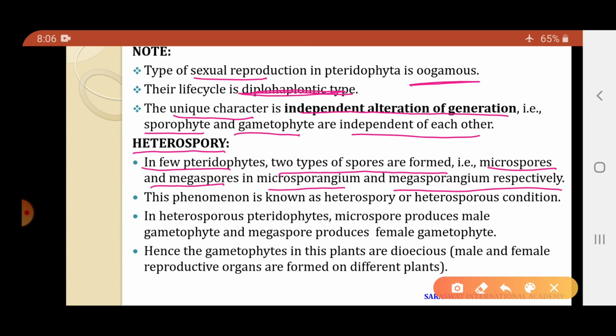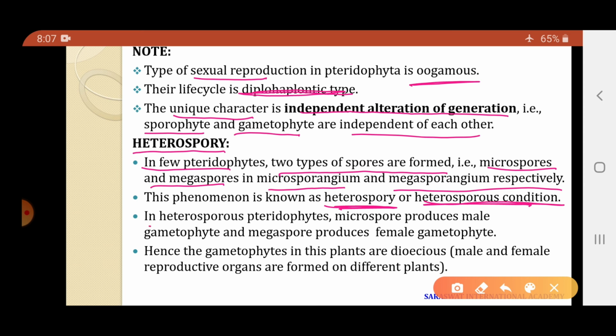Microspores are developed in the microsporangium, megaspores are developed in the megasporangium. And this phenomenon is known as heterospory or heterosporous condition. What is heterospory? The pteridophytes which develop two types of spores.